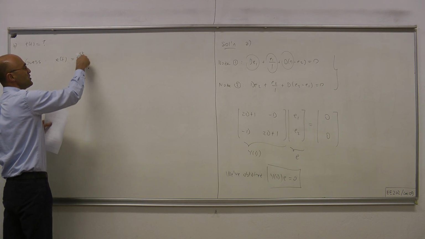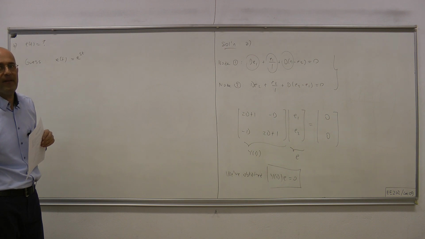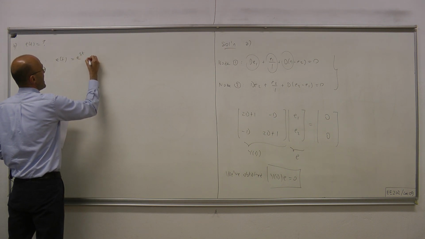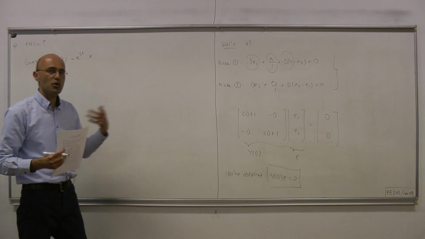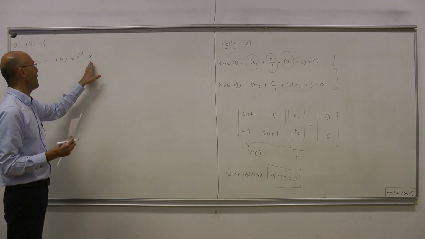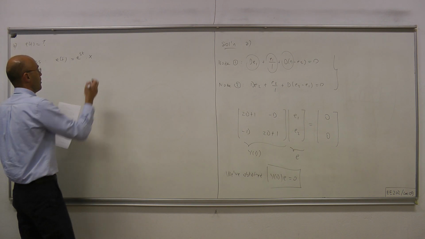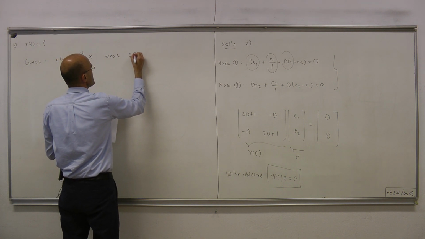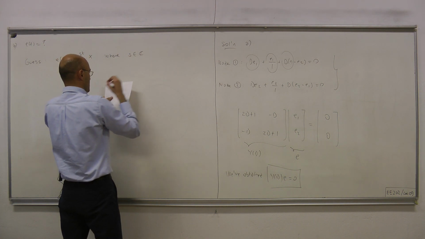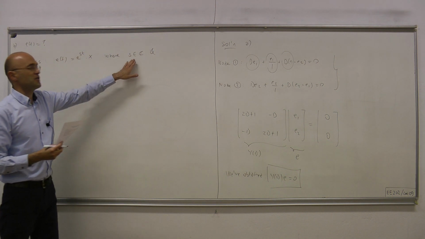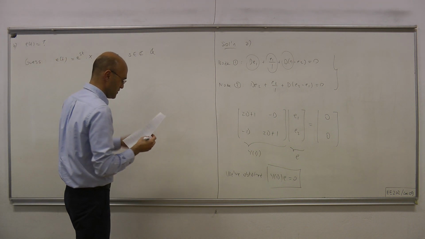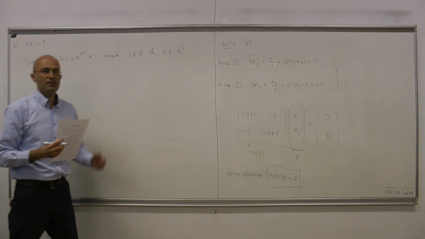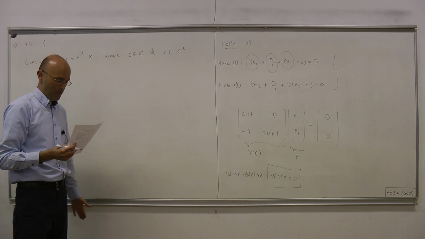So E to the st, where s is some complex scalar constant, and this scalar is scaling a vector which also is constant, and we denote it by x, where s is in C, s is a complex scalar and x is a complex vector, but both are fixed.